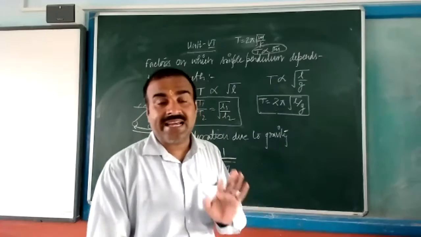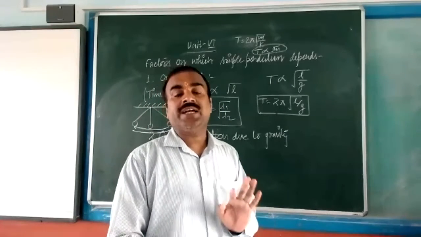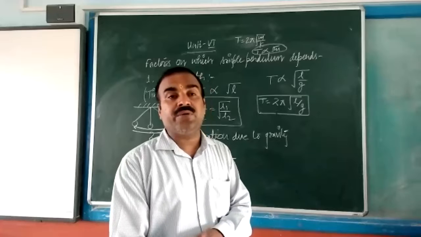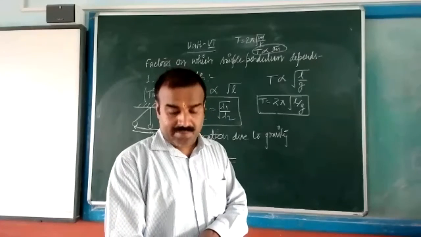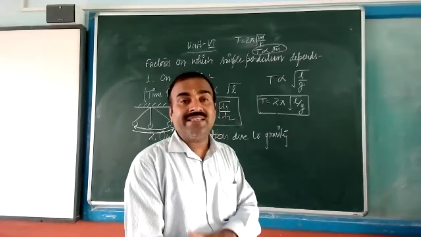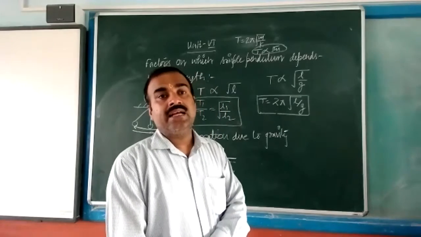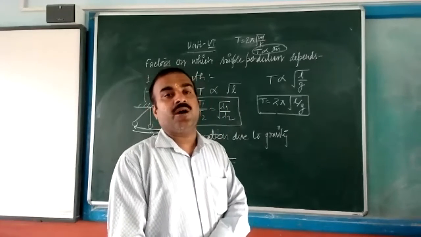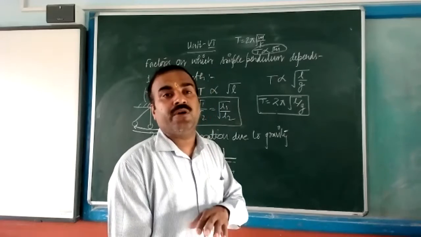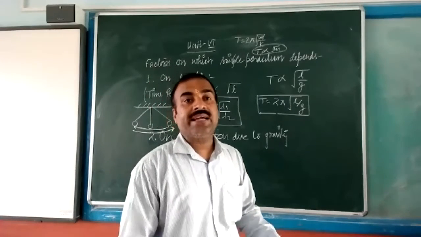Listen, again I am telling you, don't be confused about this. I am not leaving these two topics: the graph between the effective length and time period of a simple pendulum. I will explain them, but before that you must know how to draw a graph.